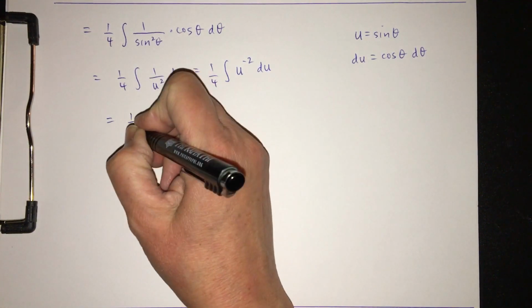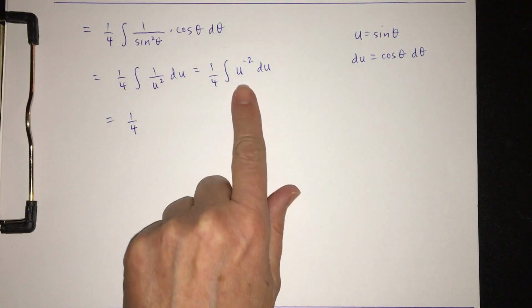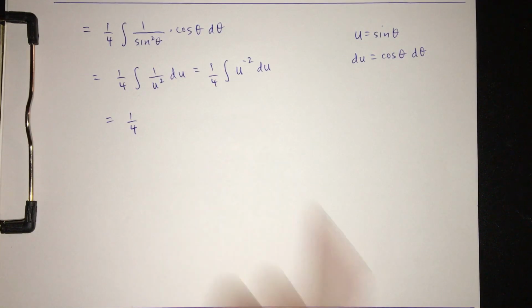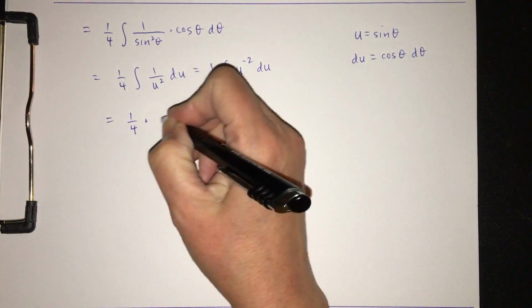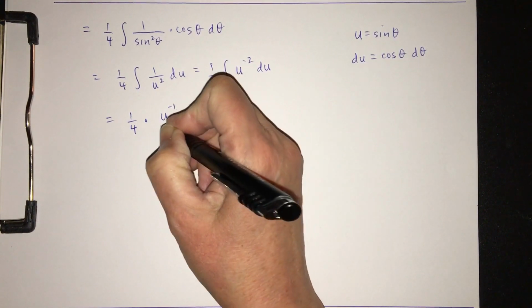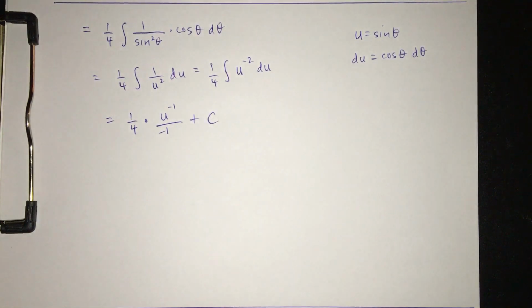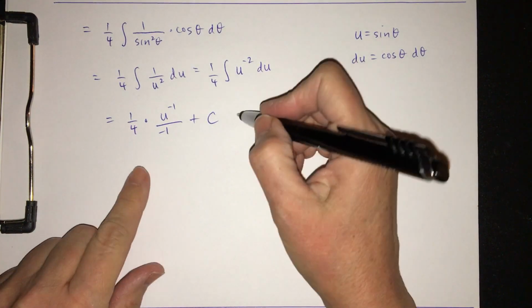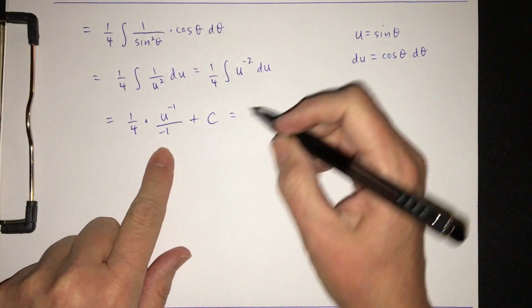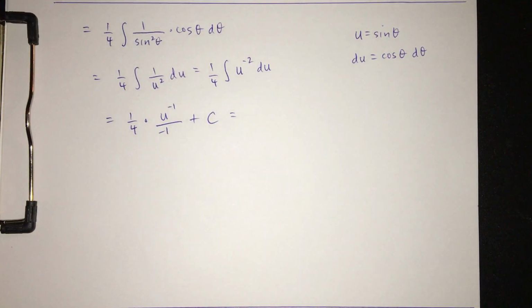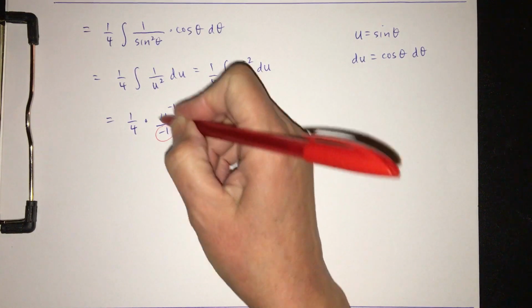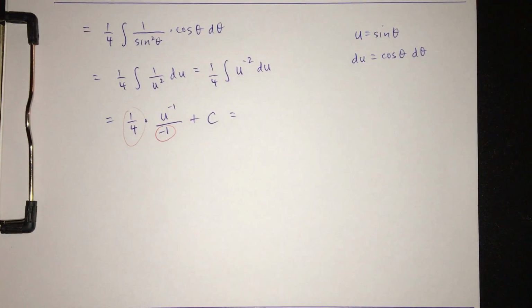So I'm ready to do the antiderivative. The antiderivative of u to the minus 2: add 1 to negative 2, and that'll be u to the negative 1. Then divide by the negative 1. Put on the plus c. So there's the antiderivative. This negative 1 that's in the bottom, I can multiply that with 1/4.